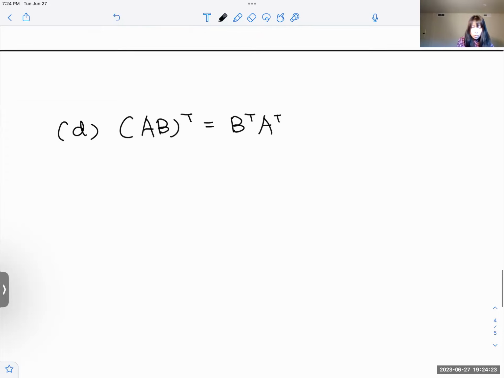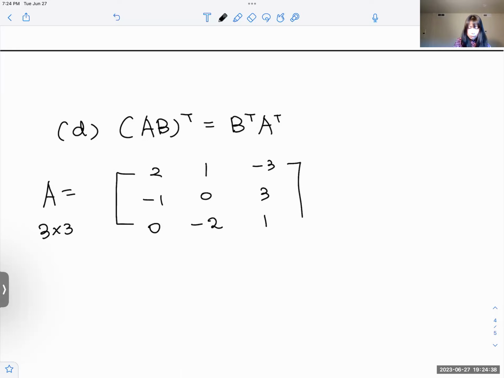Okay, so A equals a 3 by 3 matrix: 2, negative 1, 0, 1, 0, negative 2, negative 3, 3, 1. And B equals a 3 by 2 matrix: 3, 2, 3, and 1, negative 1, 0.